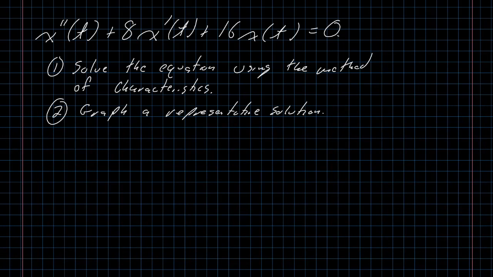I would like you to actually go and do that. Solve the equation using the method of characteristics, and then graph a representative solution in xt space. So you'll have t on this axis and x on this axis.